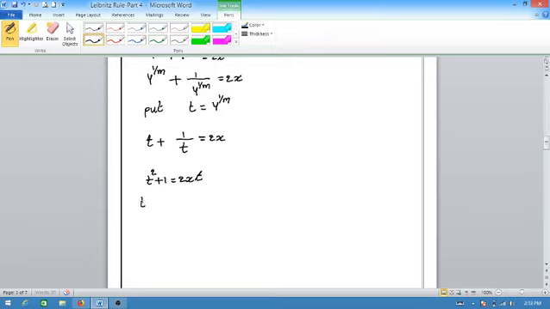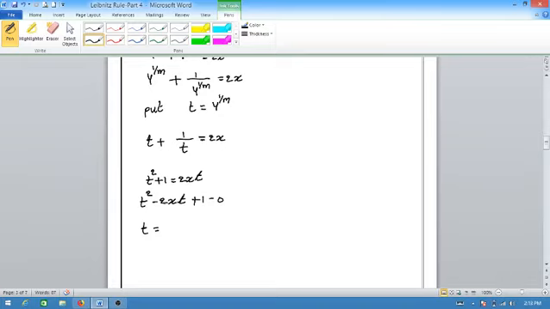So the quadratic equation becomes t square minus 2x into t plus 1 is equal to 0. So now this is a quadratic equation in t. The solution for this is t is equal to minus b plus or minus root of b square minus 4ac divided by 2a, right?